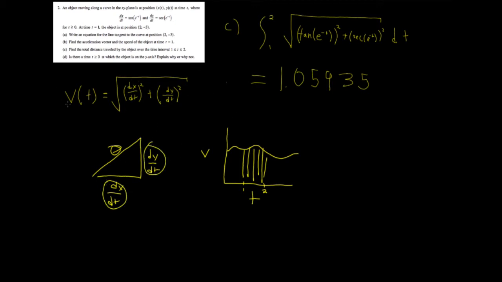So we can take this velocity over time, v(t), and put in the integral from 1 to 2 of the square root of tangent(e to the negative t) squared plus secant(e to the negative t) squared dt. And since this is a calculator active problem, you can just plug that in your calculator and get 1.05935, which is the answer.